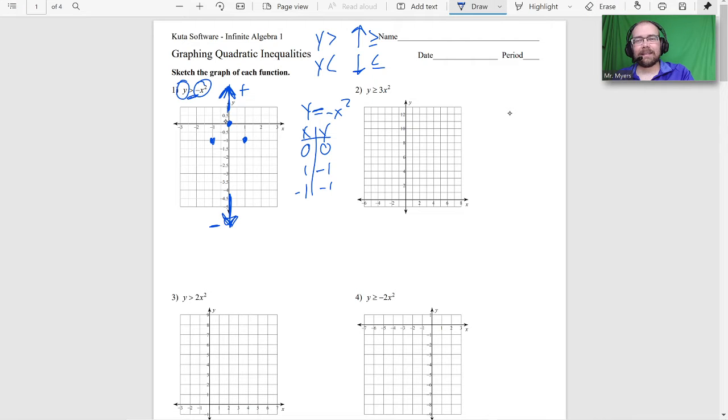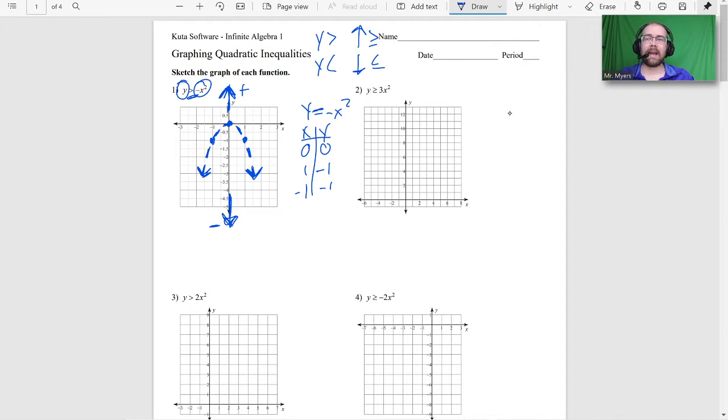But it's all good. When you're graphing on an actual piece of paper, I highly recommend using pencil, because you'll probably want to erase parts of your parabola. If you're like me, you forget half the time to draw a dotted line instead of a solid line.